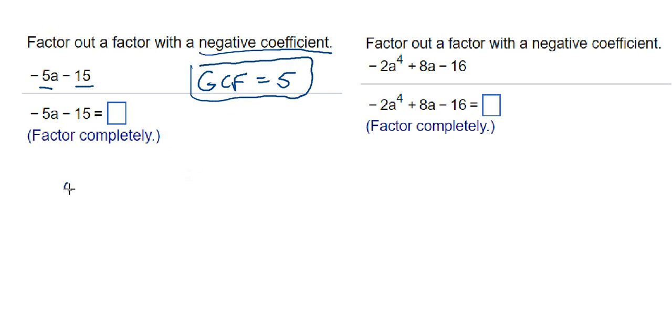So we're going to factor out the 5, but if that's all we factored out, the answer we get doesn't look quite that nice. I mean, it's not wrong, but it just looks off to me, and I don't know if that's because of how I've been trained to think of it. If all you do is factor out a 5, what's going to be left in this first term is you'll have an a left over, and you'll have a negative sign left there, right? You're taking the 5 away, but the negative sign's left, the a is left.